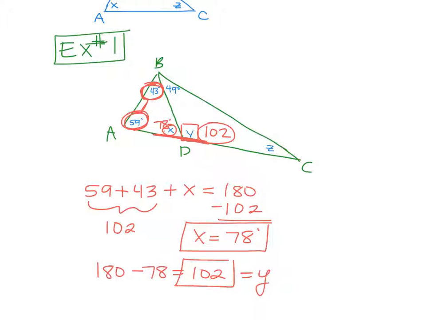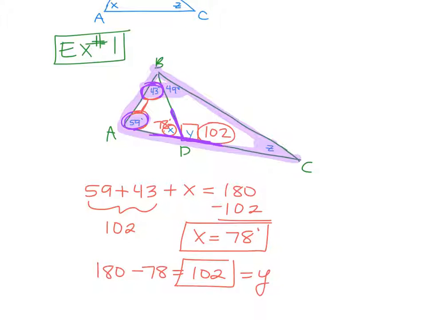The other idea is you can just take the fact that they are a linear pair. If they form a straight line, these two angles right here have to add up to 180. So you could go that route. Or you could have not even found y yet, and you could have jumped right to z. Do you see a way you could have found z? Jason? You had 43 and 49 together, and what's that number? 92. Subtract that from 180. Good. If you look at this triangle, instead of the smaller triangles, just look at it as one big triangle. Your angles are those two together, the 59, and z.